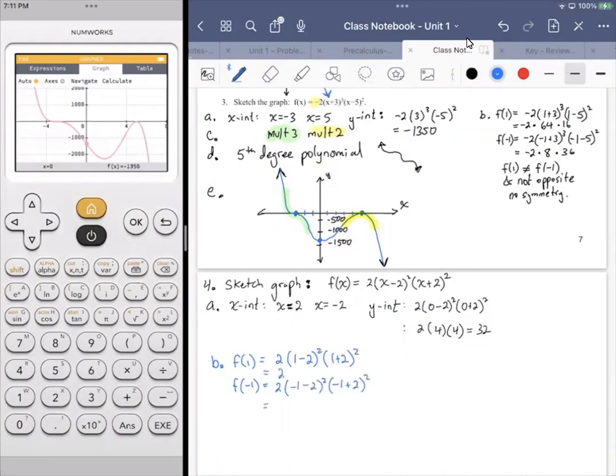So 2 times, we're going to get a -1 squared, which is a +1, and then we're going to get a 3 squared, which is a 9. So final product of 18.